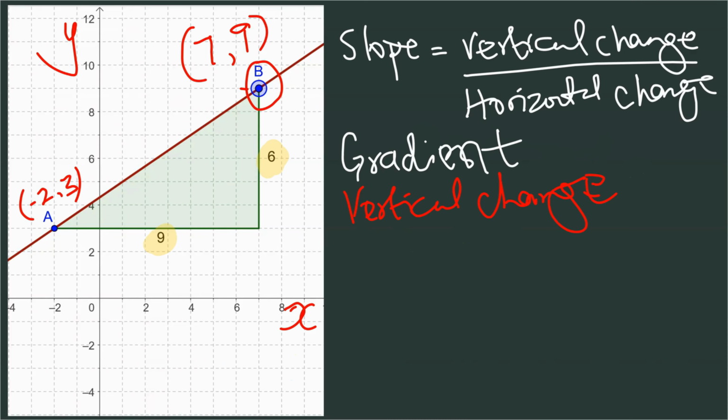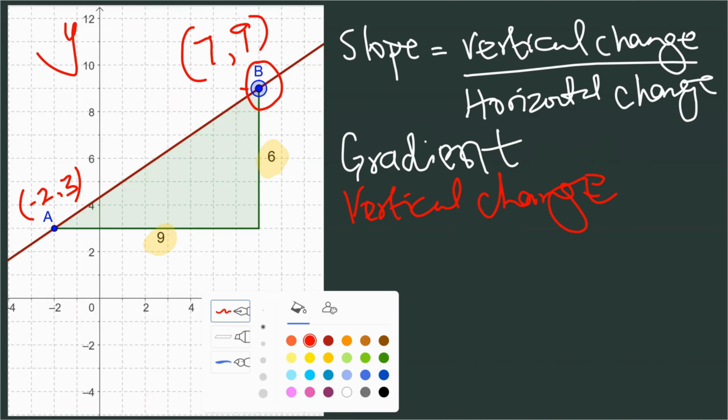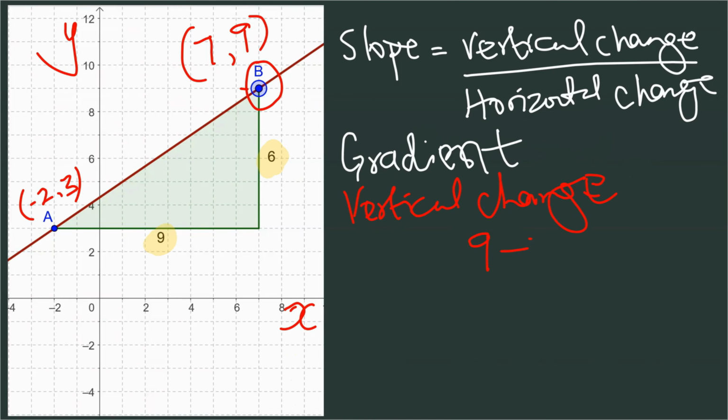Now, how do we find the vertical change? To find the vertical change, we subtract the y's. The change in y in this case is 9 minus 3. And to find the horizontal change, you subtract the x's.